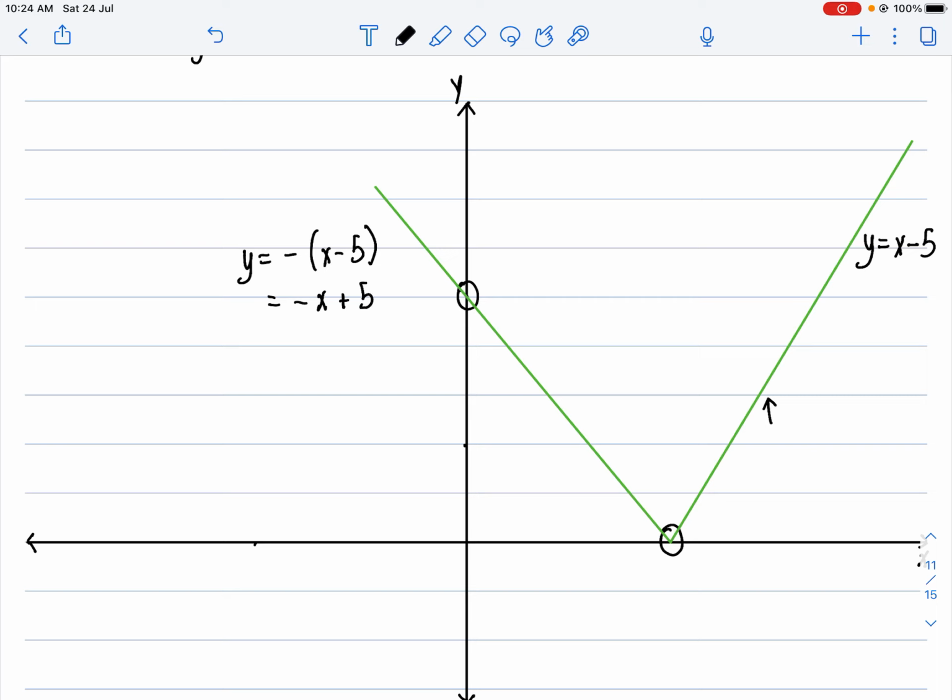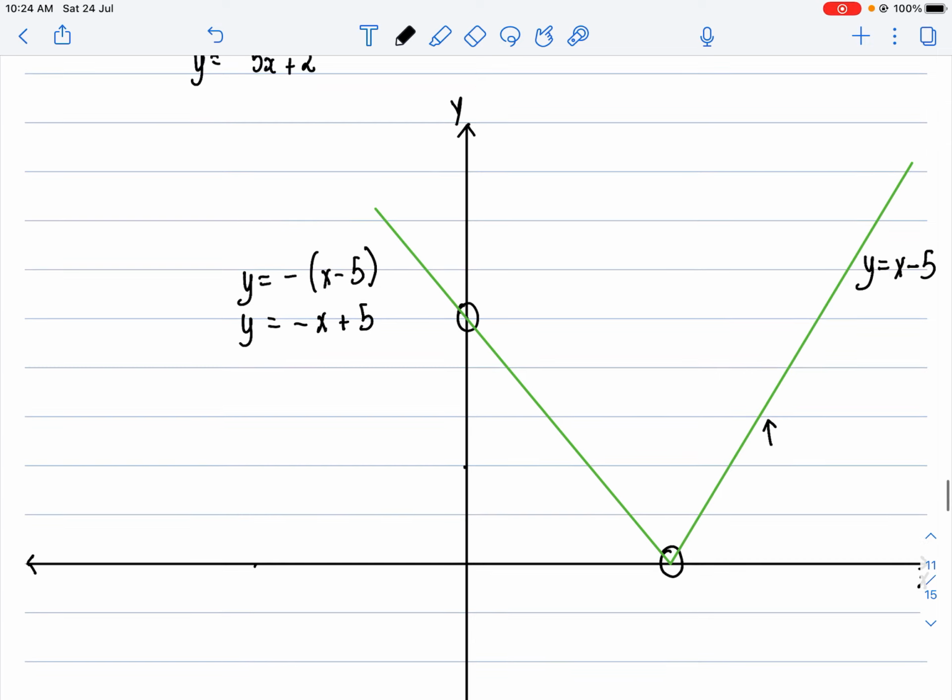Correct? This is what you basically need to know. Okay, the left hand side is always a negative of the function, and the right hand side is always the positive of the function. Okay, this is a very, very important concept to know, as this is a V-shaped curve.